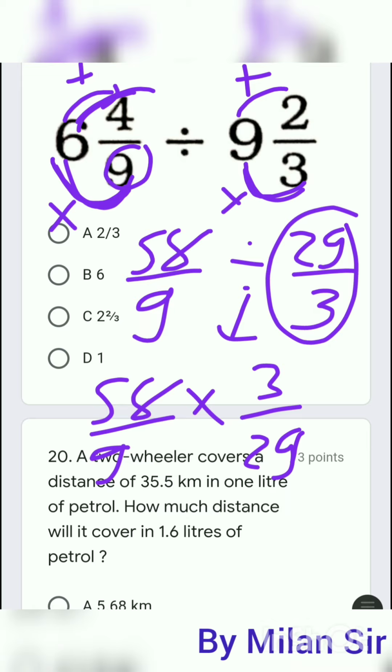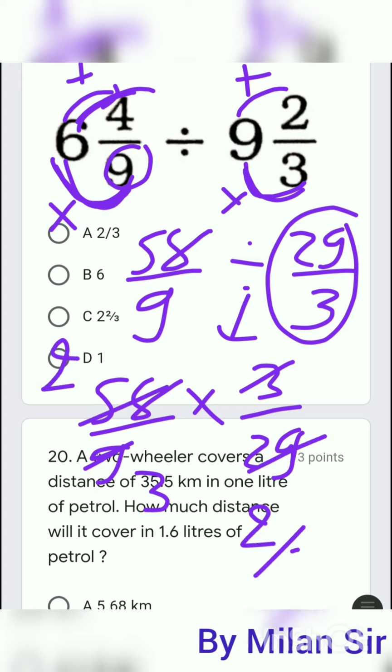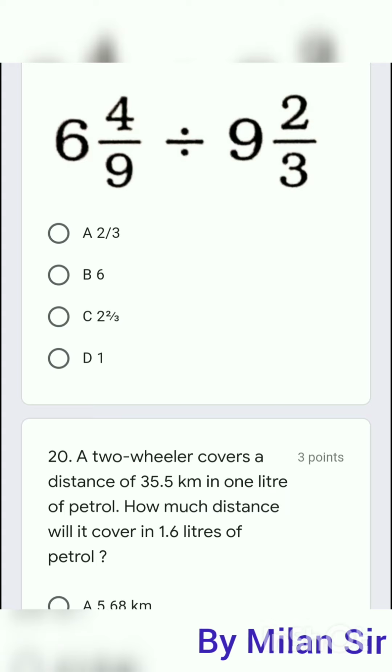Now we can simplify this. So 3 3s are 9, 29 2s are 58. So in the numerator we have 2 and in the denominator 3. So our answer is 2 by 3. Okay, so option A is correct, 2 by 3.